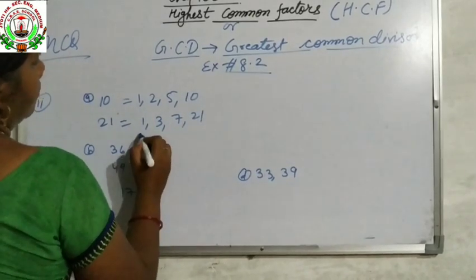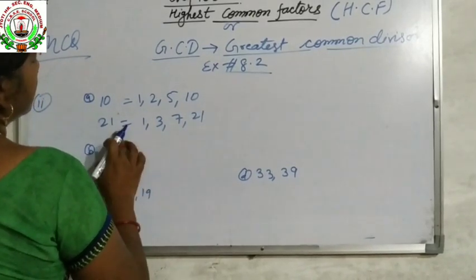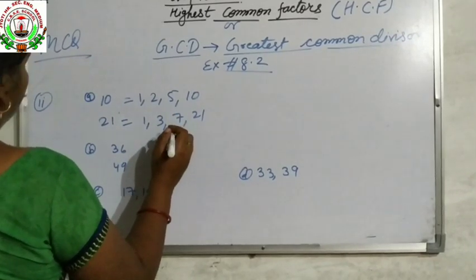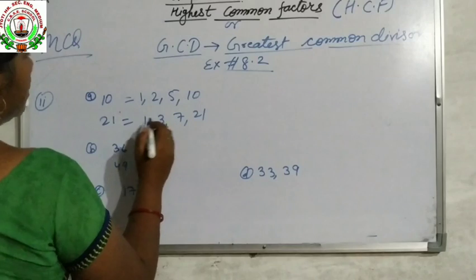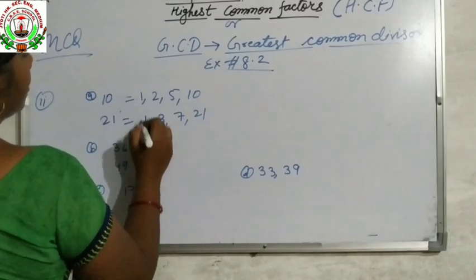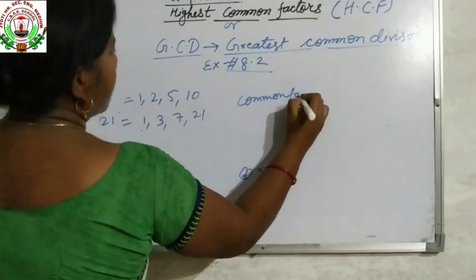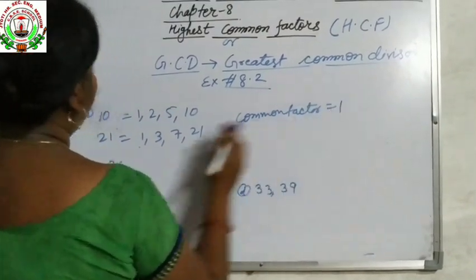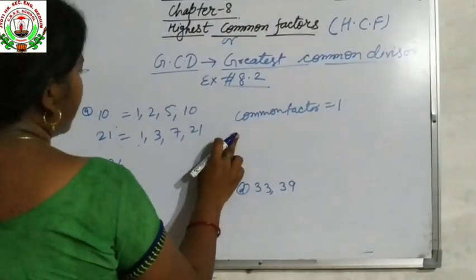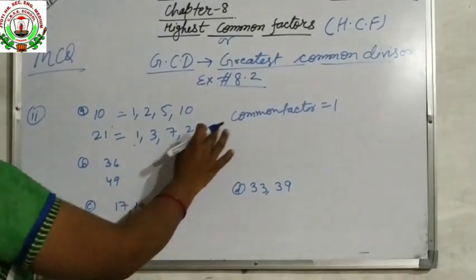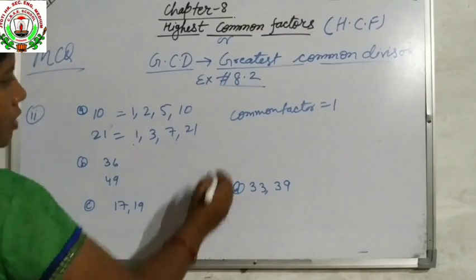Here the common factor is 1. Okay, so it is co-prime. What is our question? Not a co-prime number. So we will leave it.